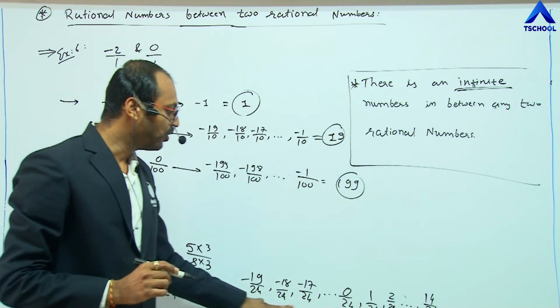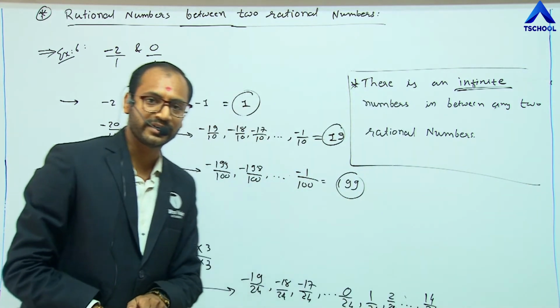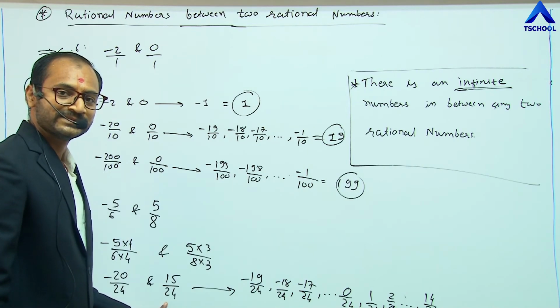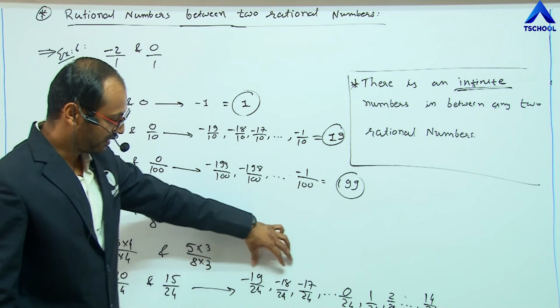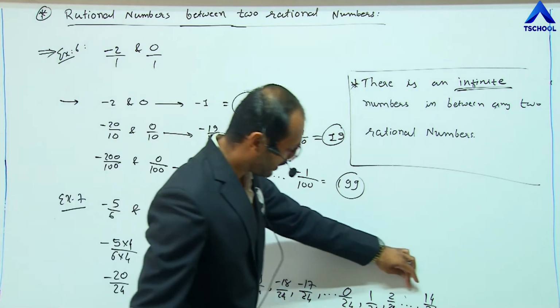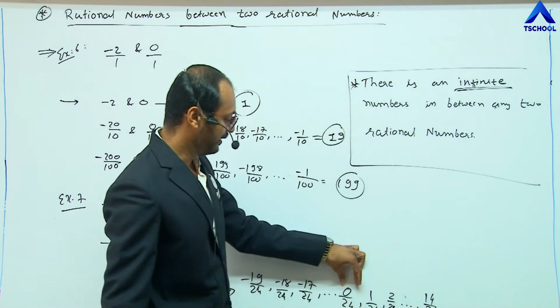Clear? These all are the rational numbers in between these two numbers. So here there are 19 rational numbers on the negative side, 14 on the positive side, and 1 itself.